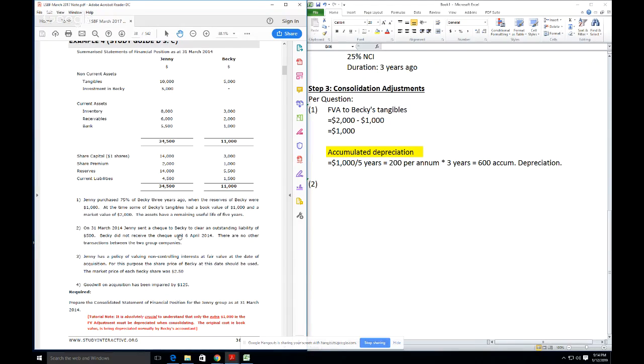Becky did not receive the check until 6th of April 2014. There are no other transactions between the two group companies. Do you agree that this is intra-company trading?